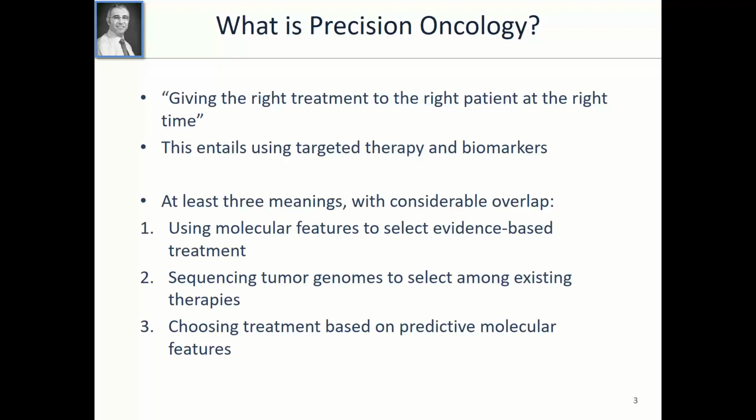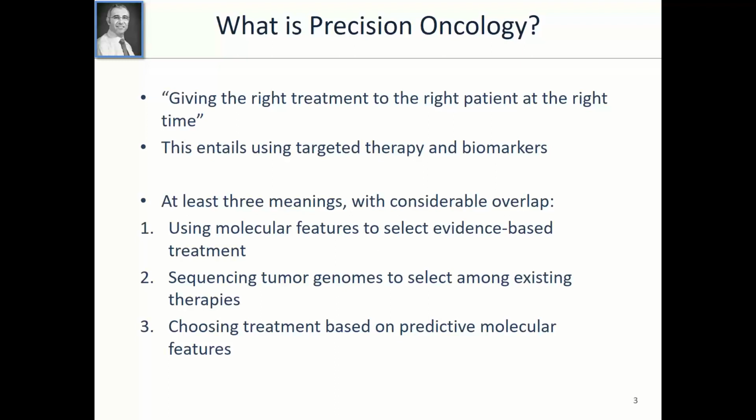The way I see it, there are at least three meanings that can be denoted by the definition that I just mentioned. There are subtle differences between them, but I'll give examples to show what I mean by these three definitions. There is some overlap between them. So one is to use molecular features to select evidence-based medicine, and if it's oncology, usually this means molecular features of tumor tissue.